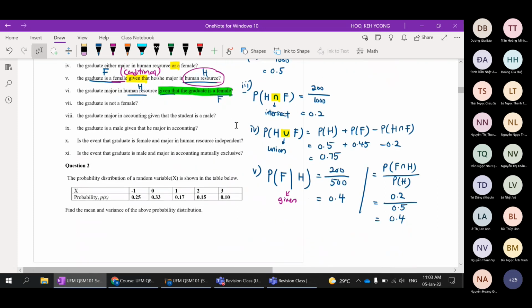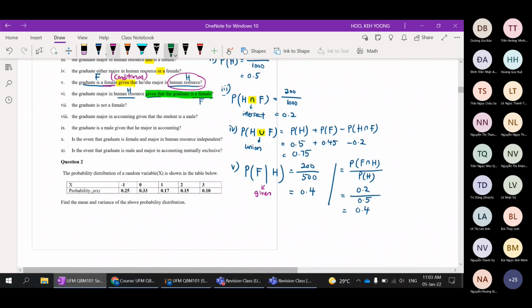So to write out the answer for question 6, how to write the symbols? The notation here should be H given F, human resource given female. To find the answer, you take 200 divided by 450. So the answer would be 0.44.